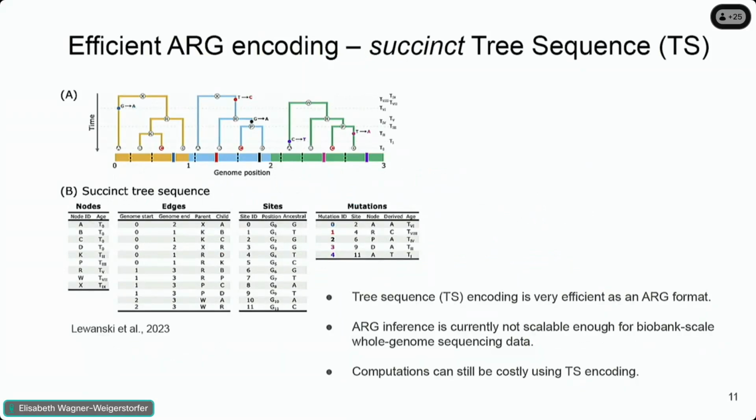You could infer ARGs for a fraction of the biobank-scale samples, or you could infer ARGs for a fraction of the whole genomes. But currently, we don't have any method that could allow us to do this inference for whole genome sequence data and for all the samples.